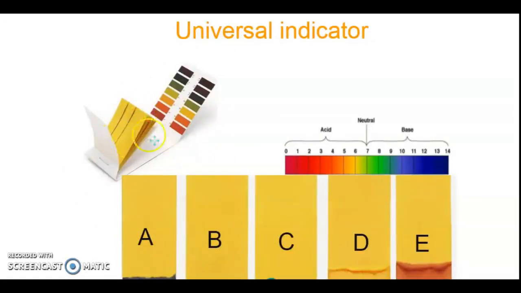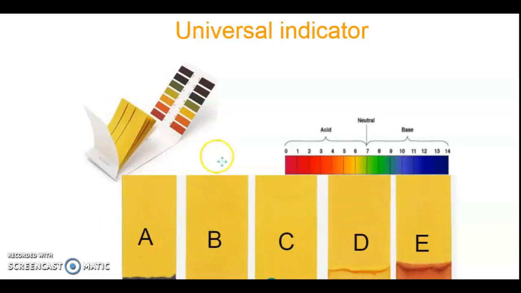So these universal indicators, as you can see, are strip-like papers, and these papers are different from the litmus paper. These universal indicators will tell you the pH value of a given solution.